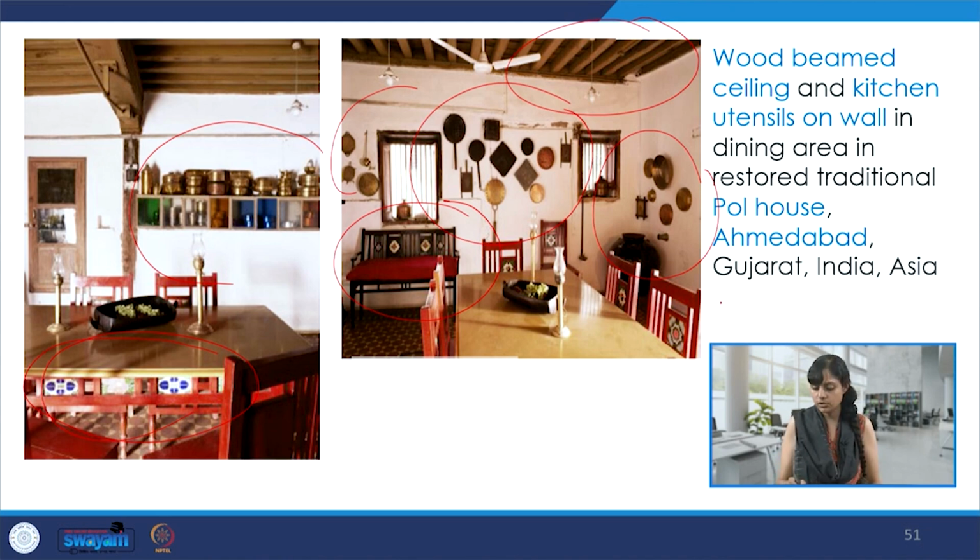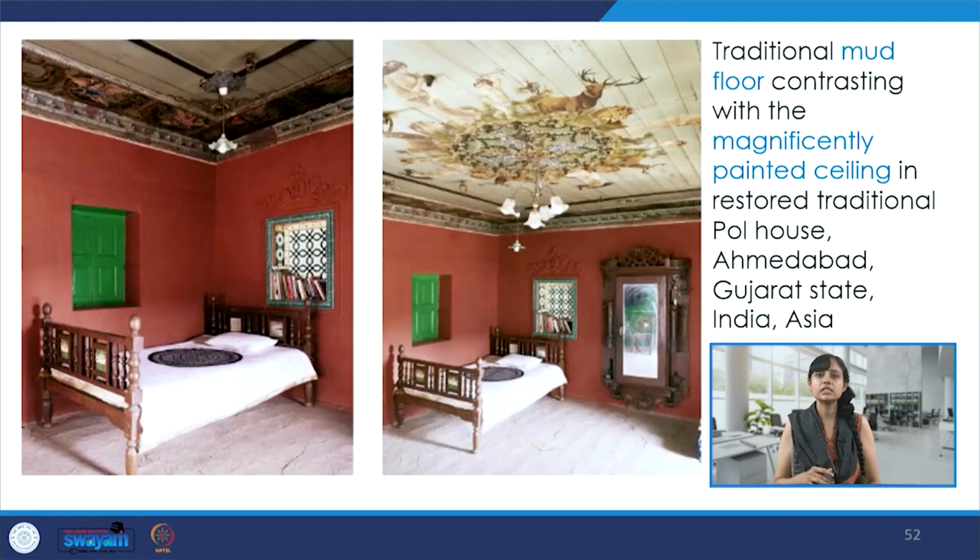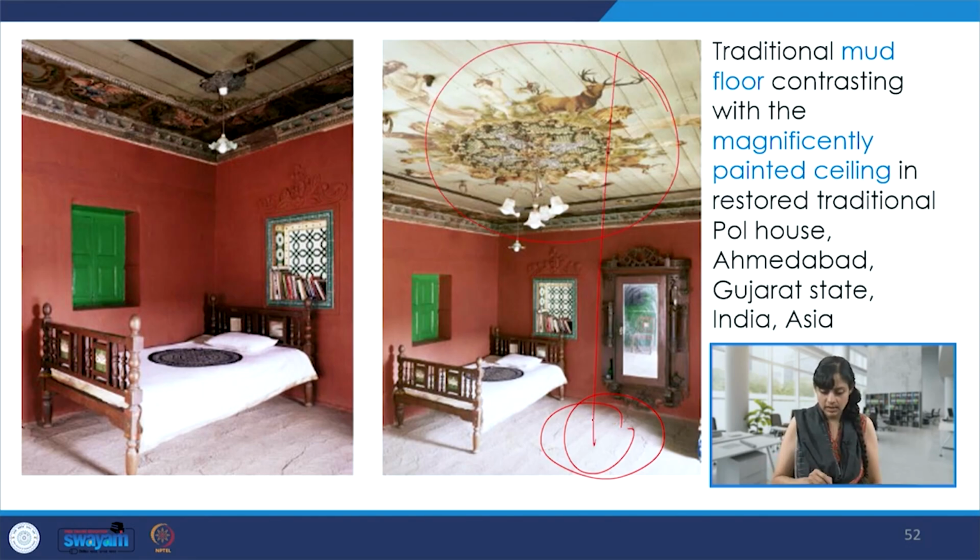So this is from Gujarat, this is a traditional pole house, and this is also a very interesting piece of interior space. This is another one where there is a traditional mud floor over here, and there is also a contrasting, magnificently painted ceiling, and again a very interesting furniture piece over here.